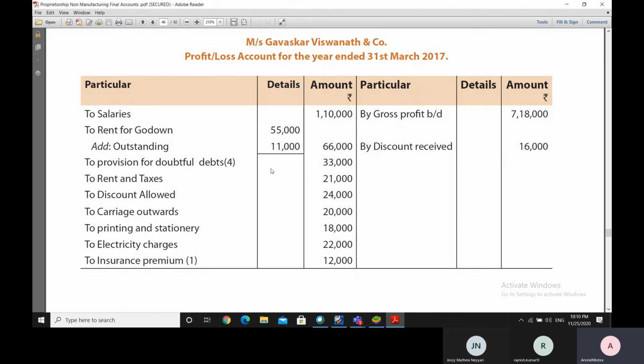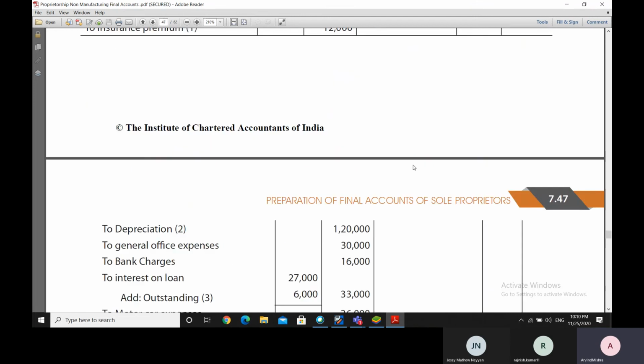The provision for doubtful debt is created by debiting the profit and loss account. Similarly, all the other expenditures that have been incurred are mentioned here, and discounts which are received are mentioned on the income side.